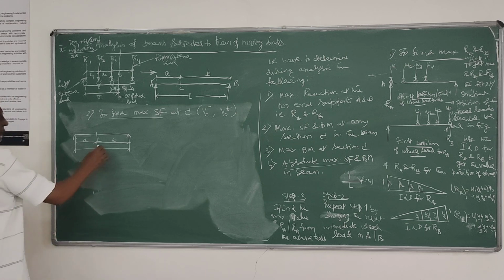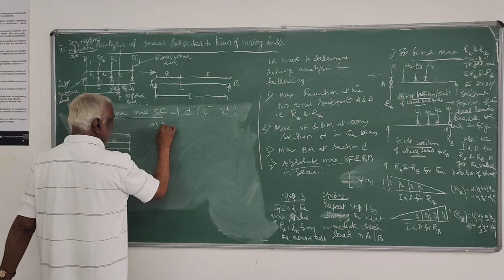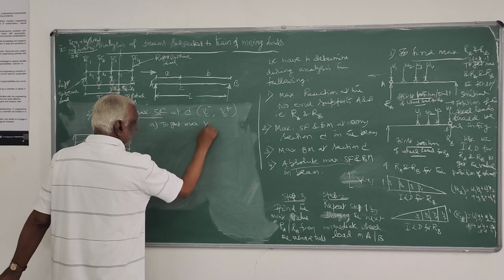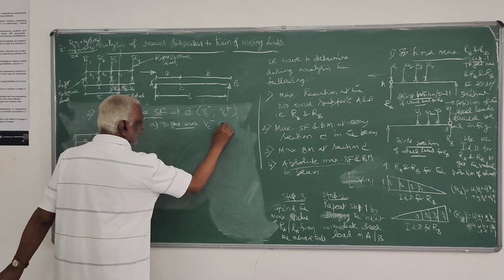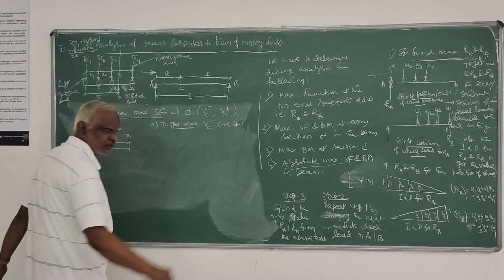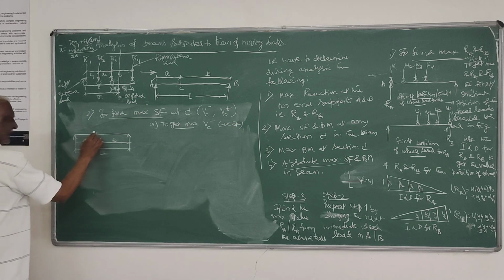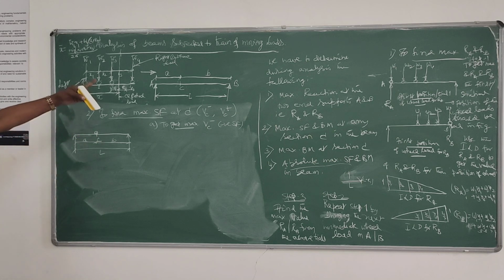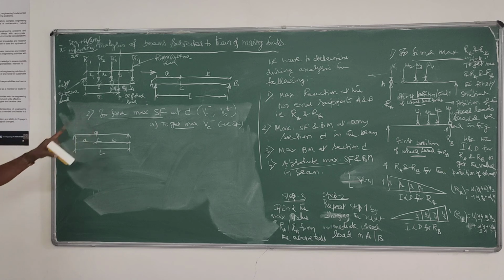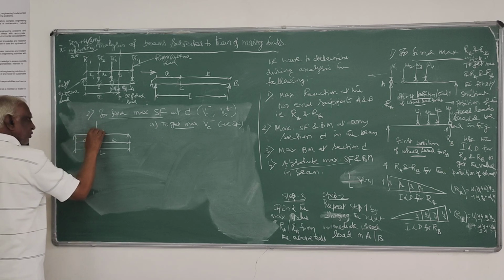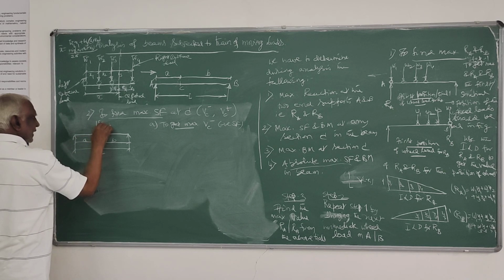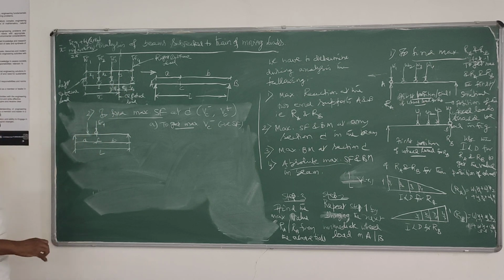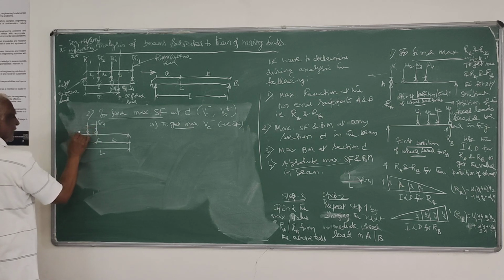So first position here is to get maximum VC negative, that is negative shear force. The first trial is we have to place the extreme right wheel load, that is W4, at C. Then, because these are at fixed spacing, you have to place the other wheel loads.